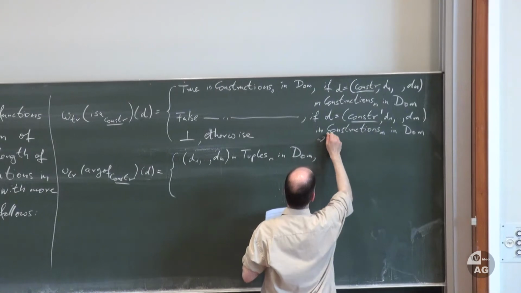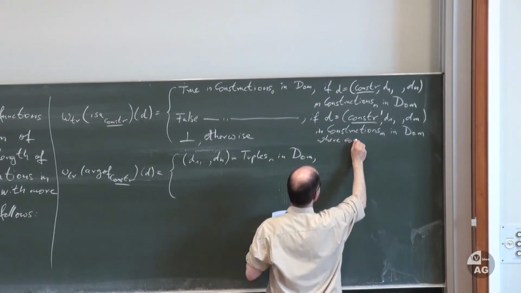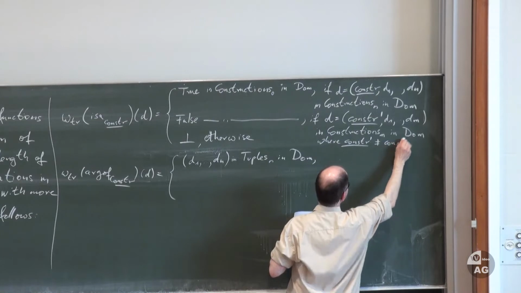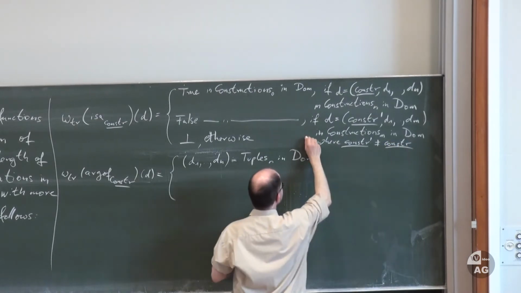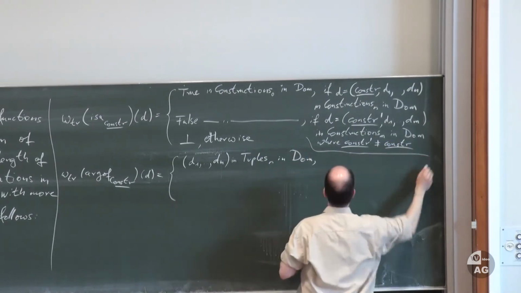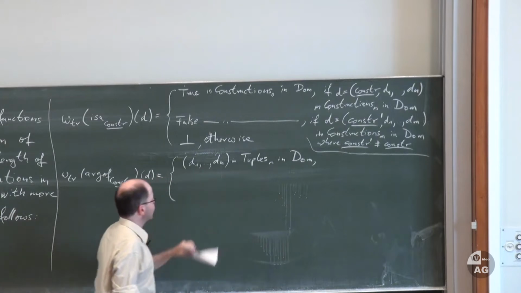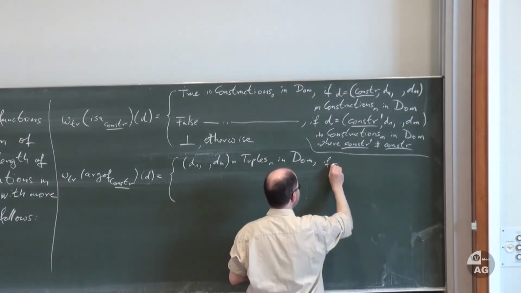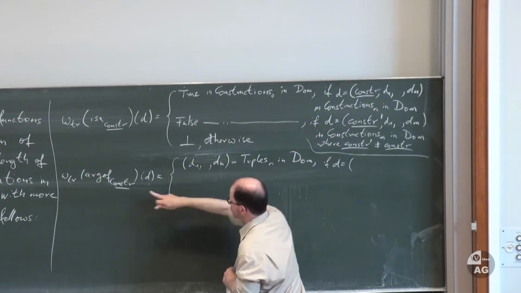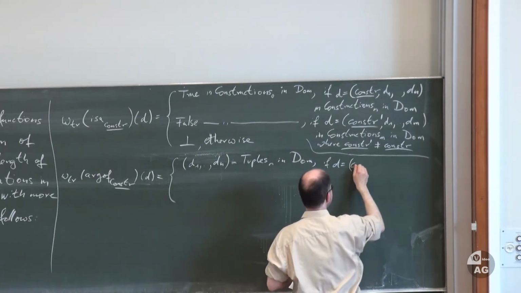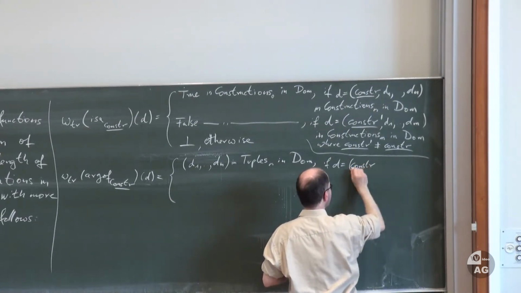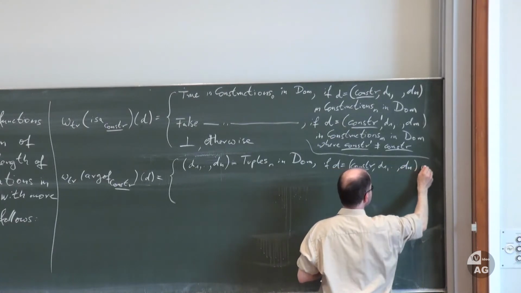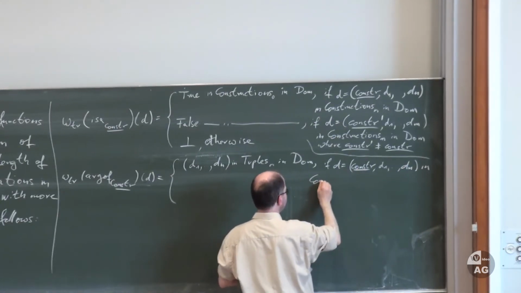Here I should have said where constr prime is, of course, different from constr, so they should not be the same. So this should give back the arguments if D is really built with this constructor here, with this constr, D1 to Dn, in constructions N in DOM.